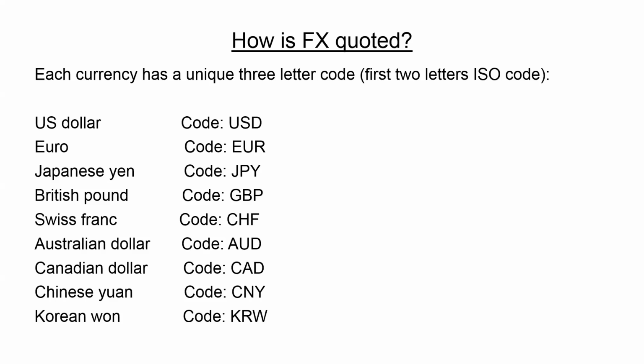For pound, it's GB, and so on and so forth. And it has the currency identifier at the end. So D for dollar, EUR for euro, JPY Japanese yen, P for pound, GBP, and so on and so forth. So Swiss franc, CHF, Australian dollar, AUD, Canadian dollar, CAD, Chinese yuan, CNY, Korean won, KRW.